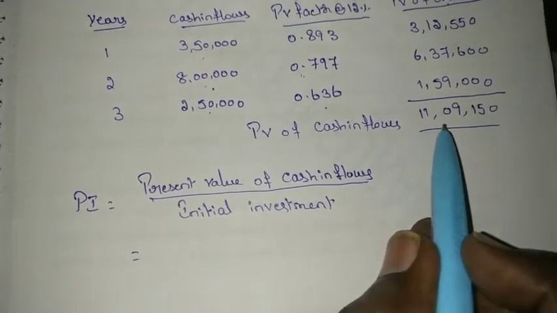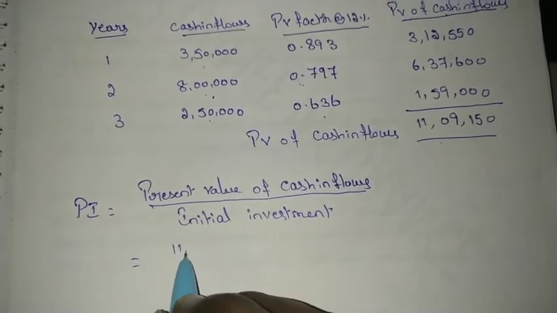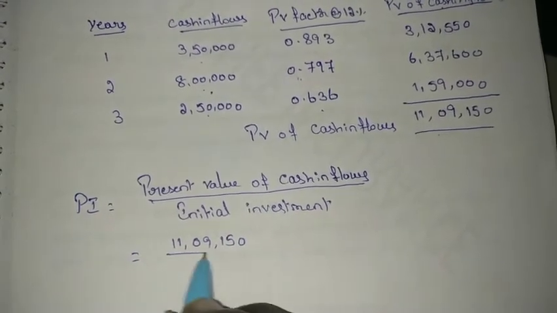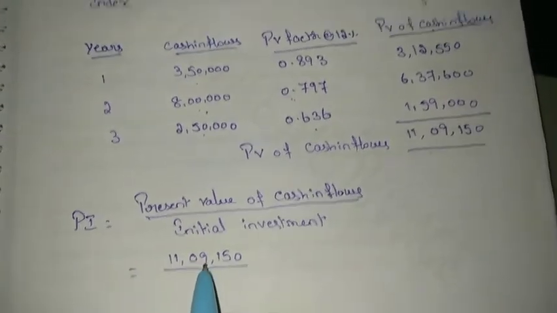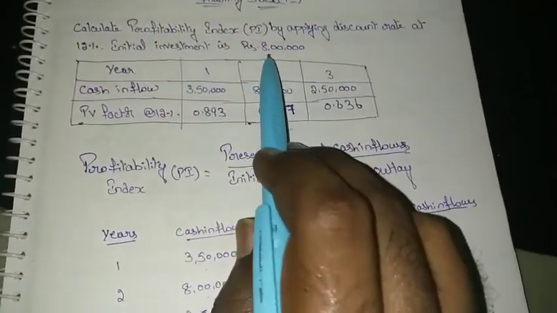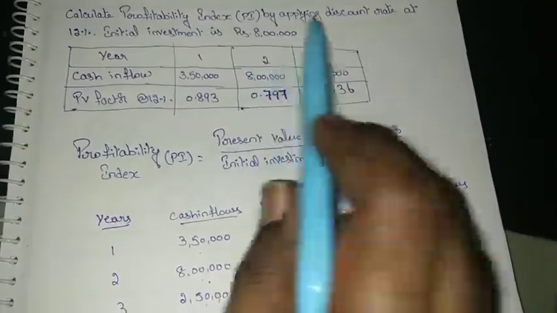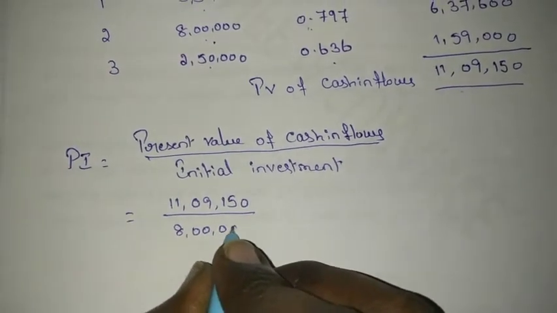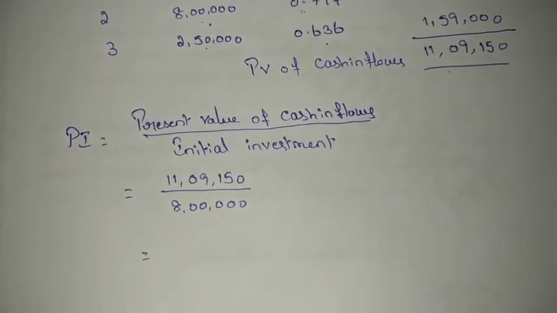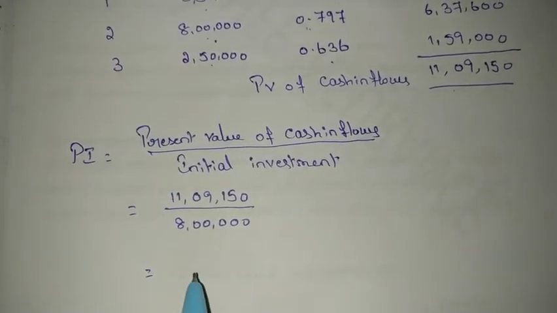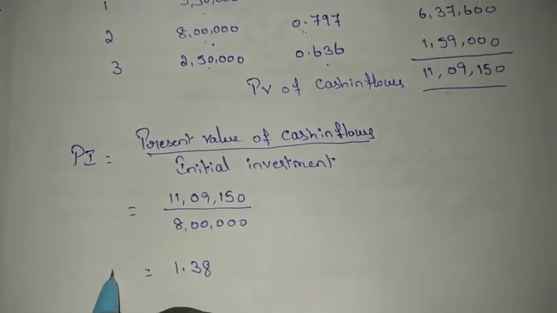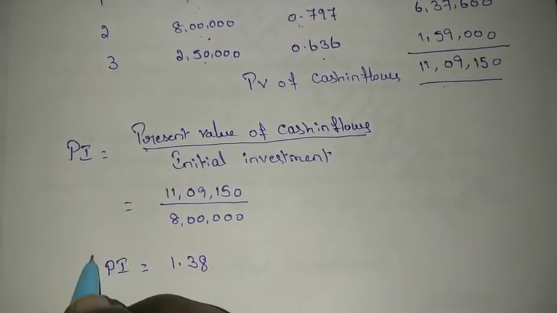The present value of cash inflows we have calculated is 11,09,150. The initial investment, that is the cost of the project, is given as 8 lakhs. Now 11,09,150 divided by 8 lakhs, you will get 1.38 as the profitability index.